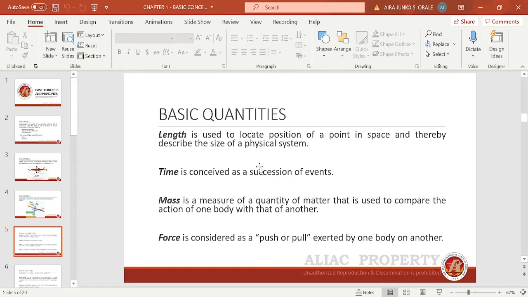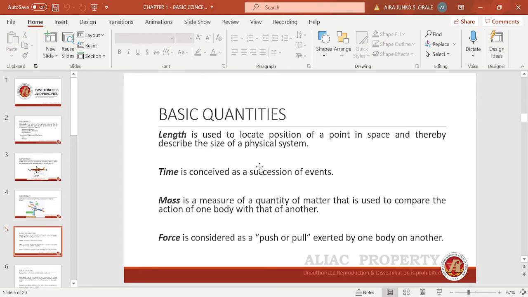When we talk about mechanics, there are basic quantities you must know, like length, time, mass, forces, etc. Length is used to locate the position of a point in space and thereby describe the size of a physical system.